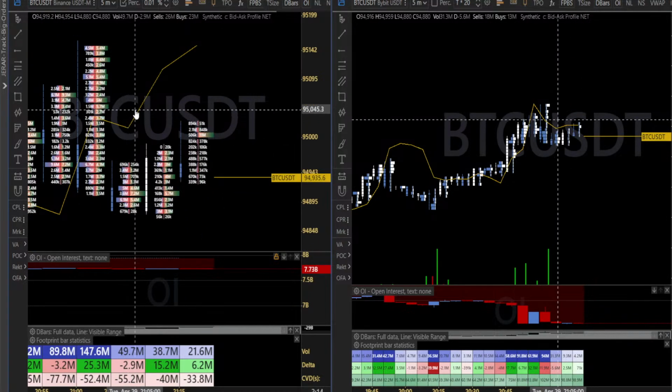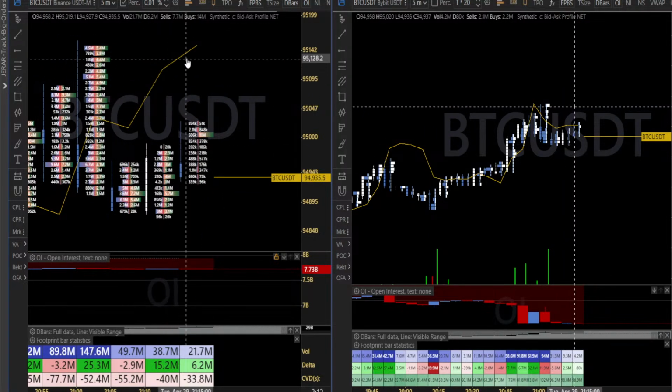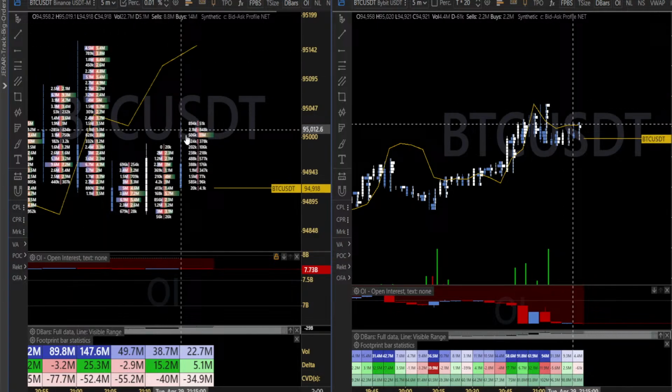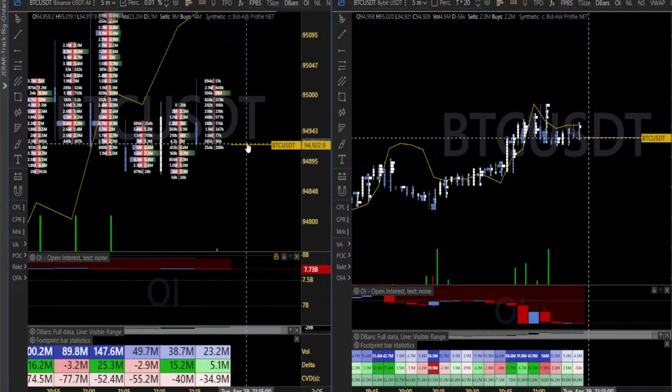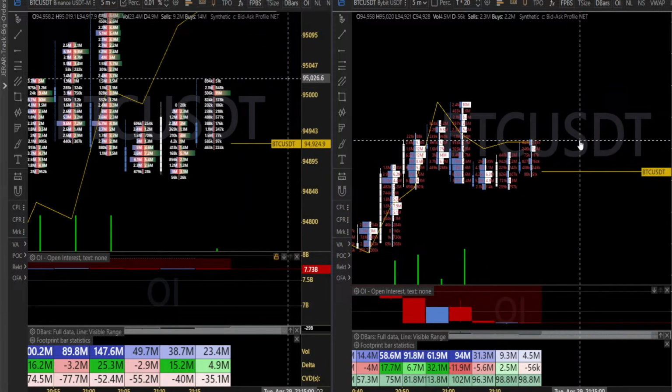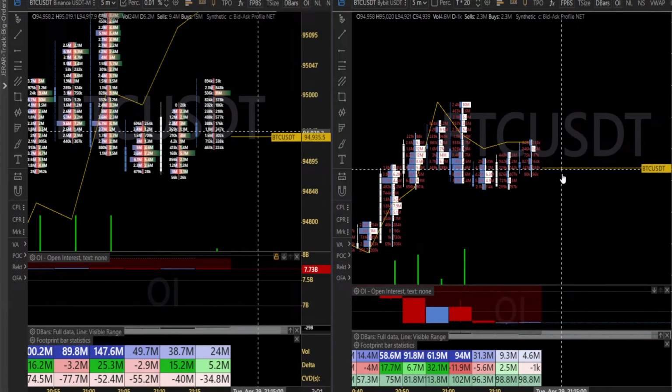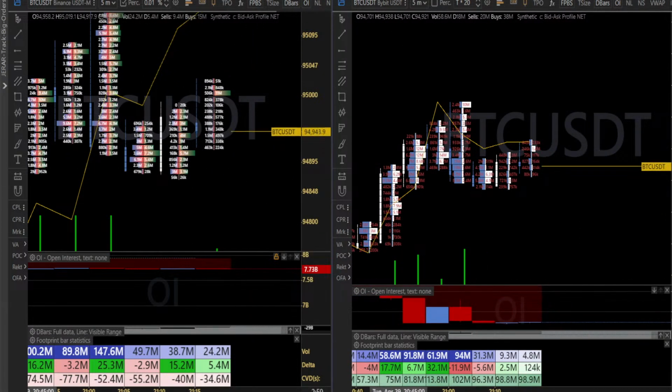So you can now see CVD is starting to rise into this, and price is failing to rise. So that's signs of some suppression being put on price here with selling. But it's nothing major.